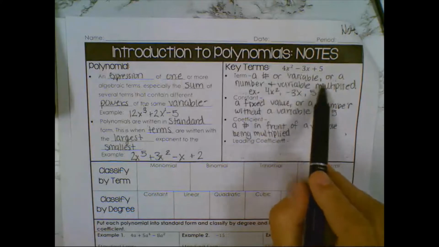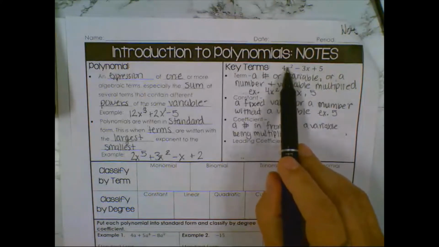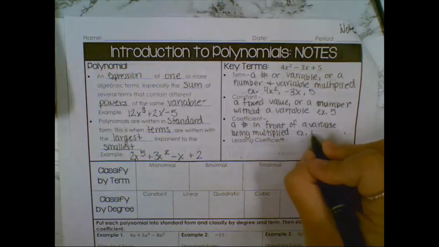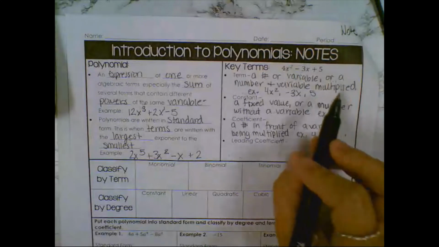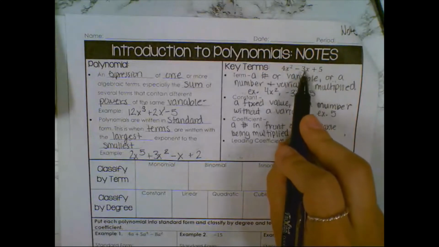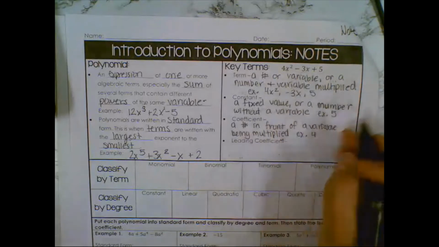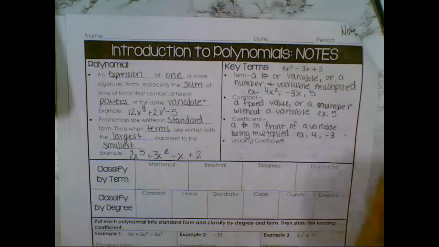So I'm looking for anything that has a variable. So here, this is a variable. It's being multiplied together, and the number in front is 4. So I have a coefficient of 4. But I also have other variables in here. So this is an x, right? And the number in front is a negative 3. So I also have negative 3 as a coefficient. So you can have more than one coefficient.